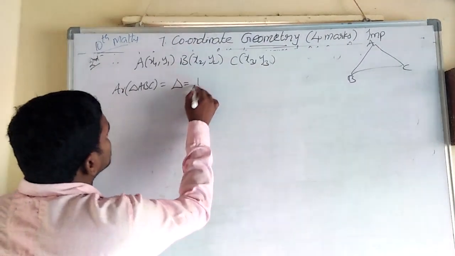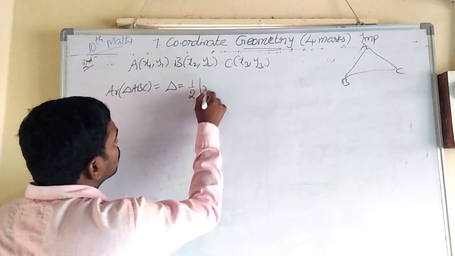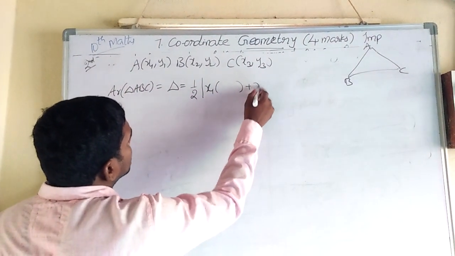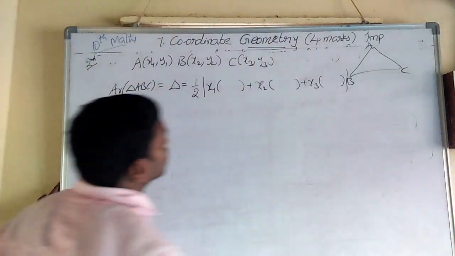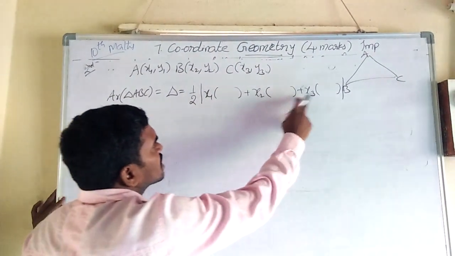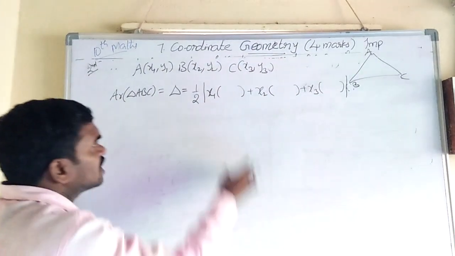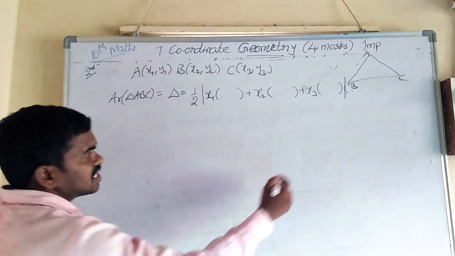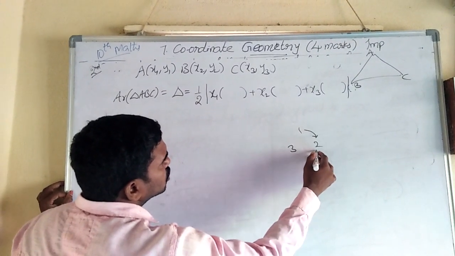The area of the triangle is half into modulus of x1 into something plus x2 into something plus x3 into something. See the sequence 1, 2, 3. After 1, 2. After 2, 3.